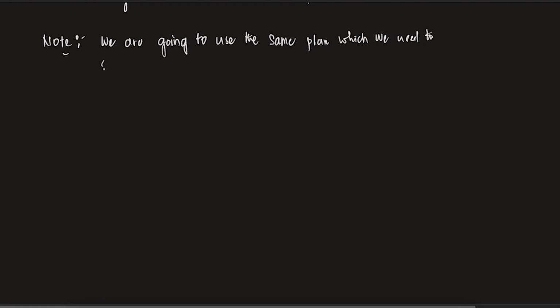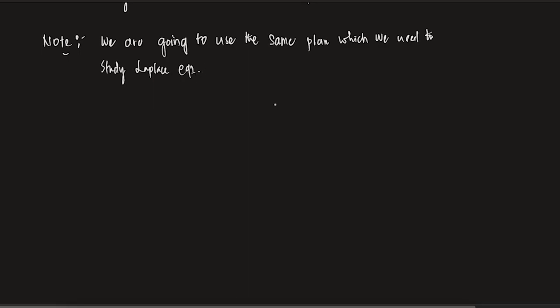So essentially, let me put a small note. This is not a remark; it is a note. We are going to use the same plan which we used to study the Laplace equation.